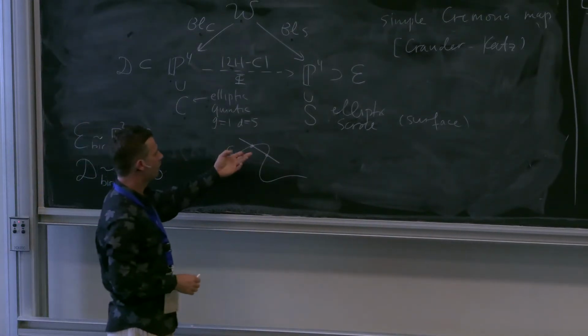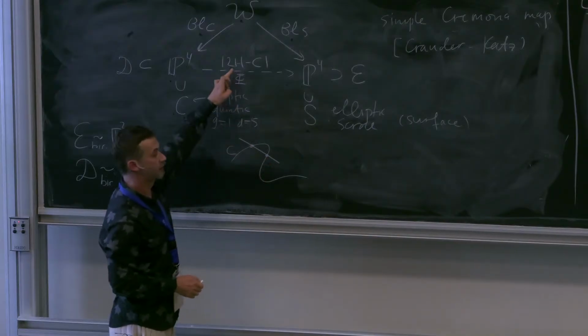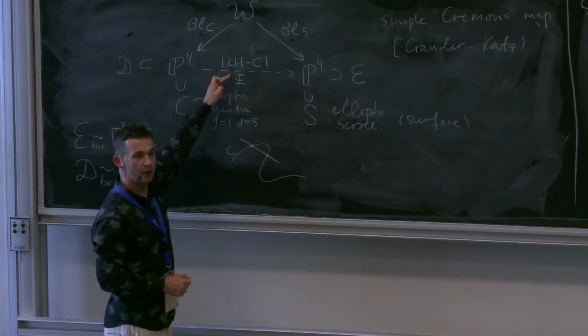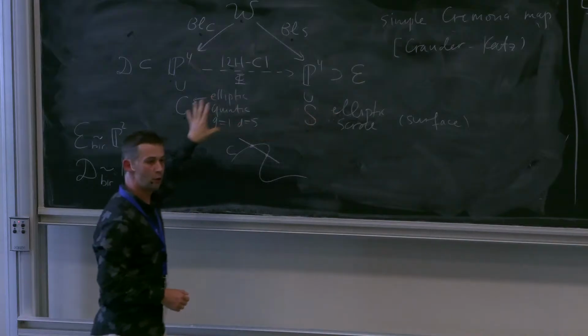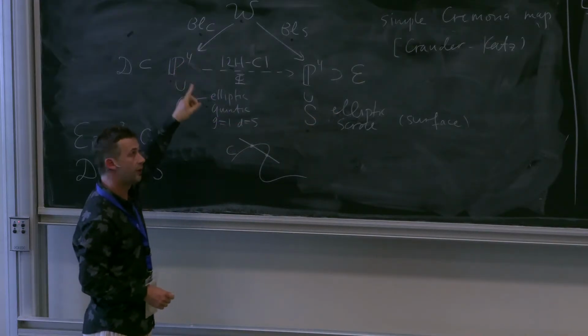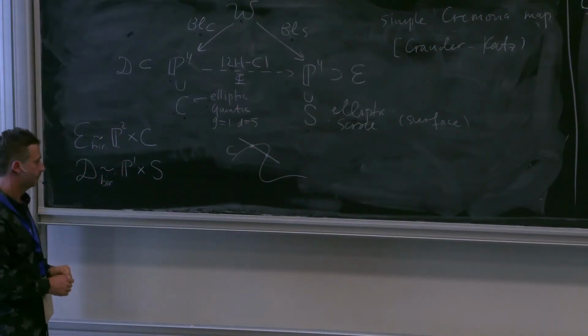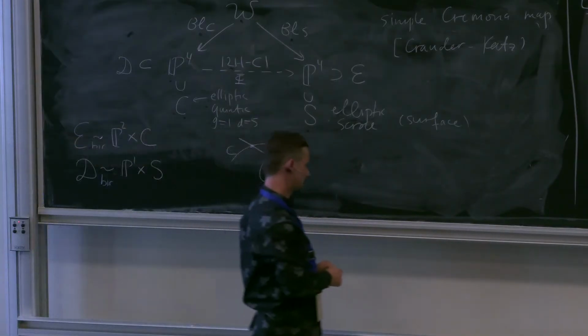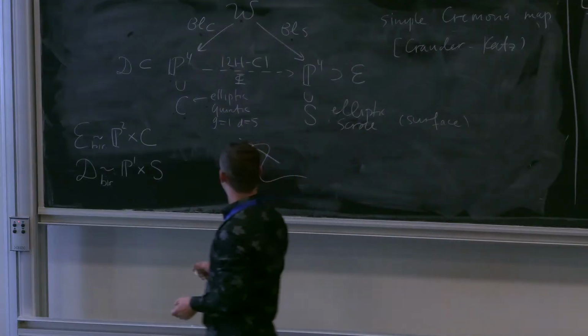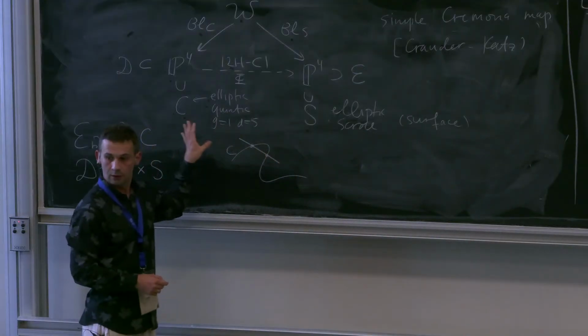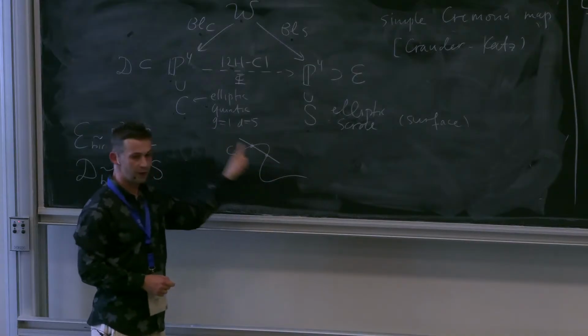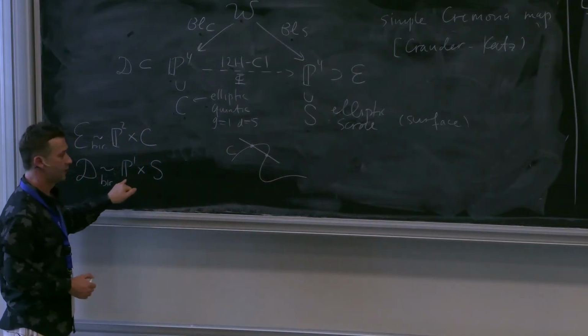You want to know every secant line intersects this thing trivially, therefore they're all contracted, and because there are the right number of them, that spans the divisor that is exceptional for this map. Specifically, they'll be contracted along the ruling, along this line direction, and this is this P1 direction.